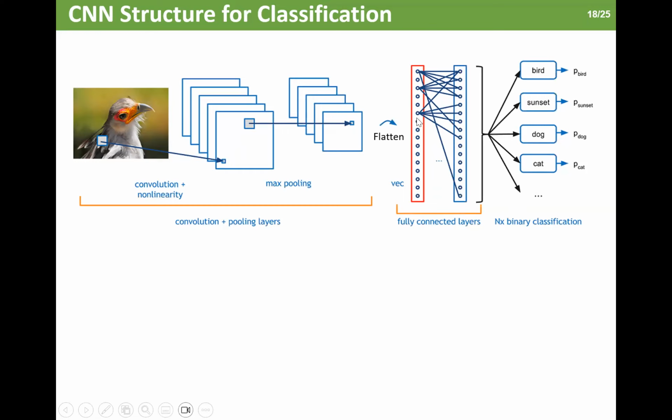It's shown like this, but it's actually probably much, much taller than shown on this diagram. And this is a fully connected layer, or layers. Usually you have more than one layer. This is where the classification happens.